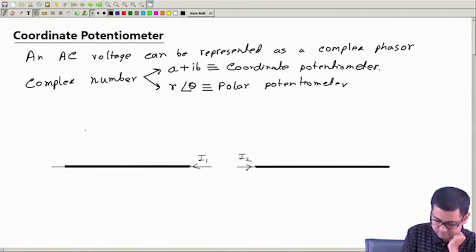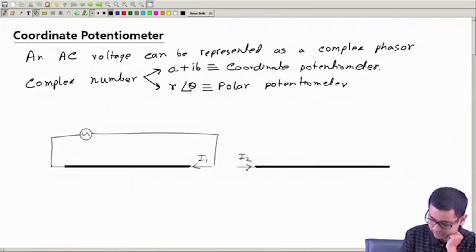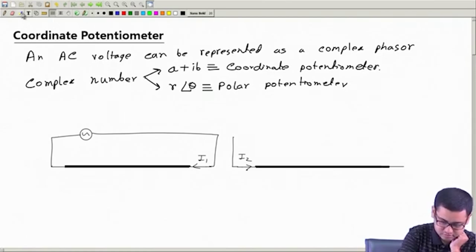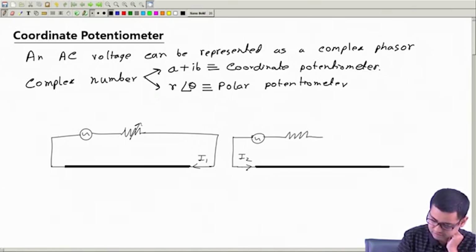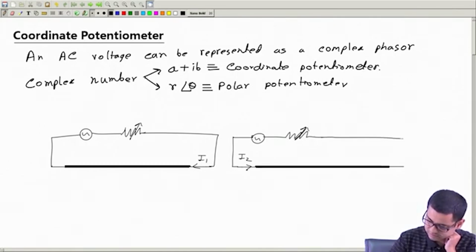So, this is not the complete picture, but just to motivate you for now. Let me have just two voltage sources, such that the two currents are 90 degrees out of phase.